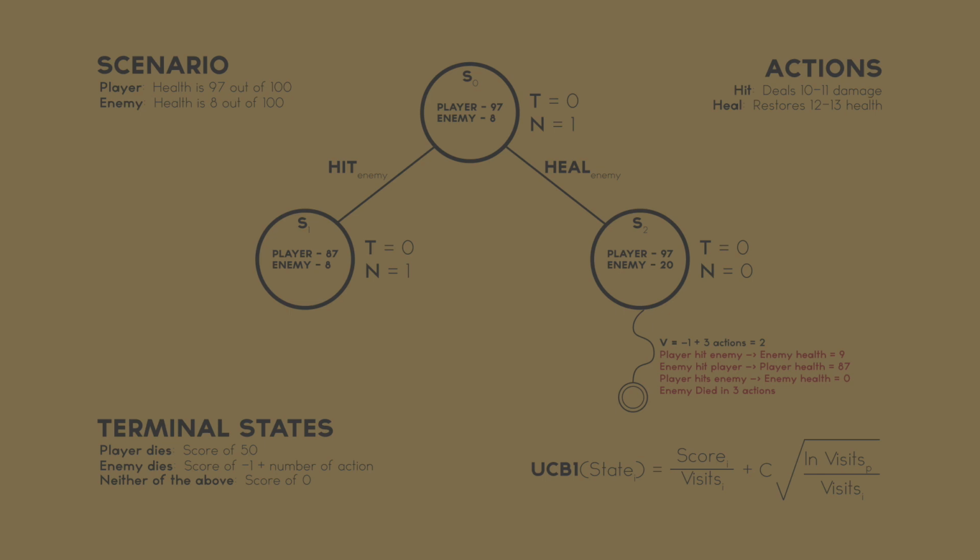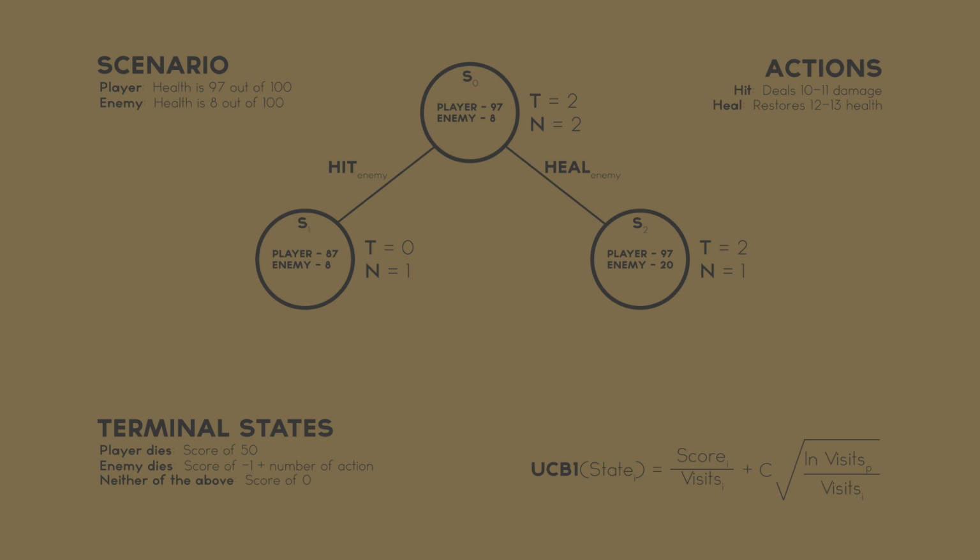Negative 1 plus 3 is 2. A rollout value of 2 is produced, which is backpropagated. Tree traversal occurs and S1 has a UCB1 score of 1.6651 and S2 has a UCB1 score of 3.6651. S2 is chosen for the higher UCB1 score.